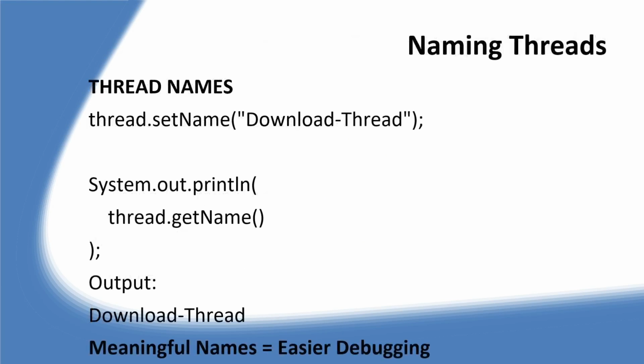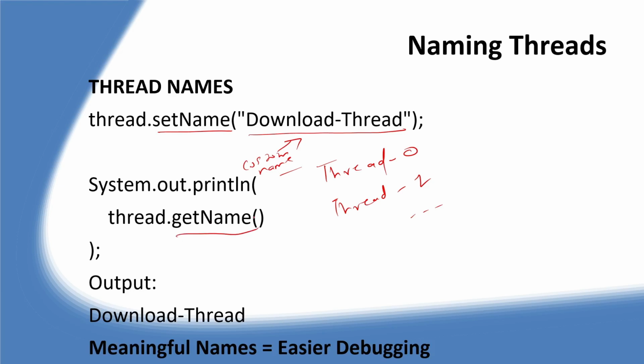Now we will see, by default, Java assigns names such as Thread-0, Thread-1. We have seen in the previous example, if you are not providing the names of threads explicitly, then Java will assign the thread name like this: Thread-0, Thread-1, and so on. But in real applications, meaningful thread names can make debugging easier. So we can use the method setName to assign a custom thread name, and getName to retrieve the thread name.